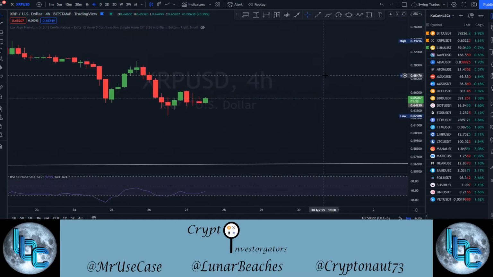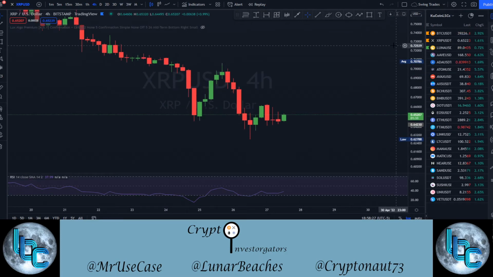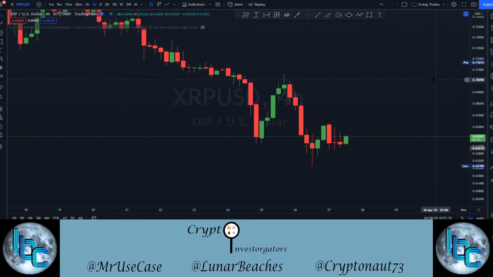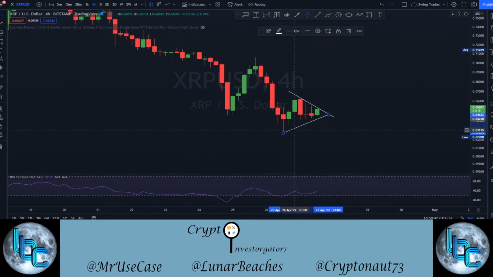On the 4-hour chart, let me make this a little bigger for you. Let's get rid of this. There we go. I need that RSI though. All right, so right here I see we have a symmetrical triangle, kind of. It's more so up here, kind of overextended.